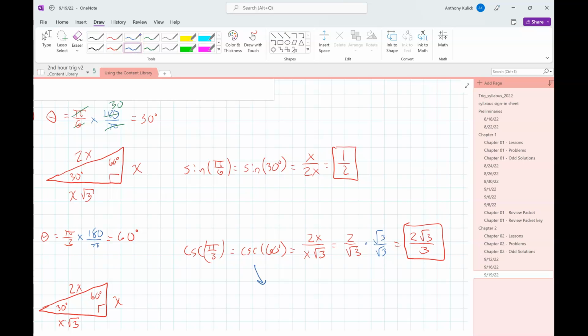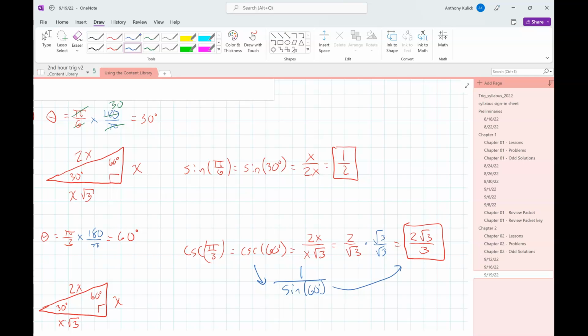Alternatively, if you wanted to, you could also write this as like 1 over sine 60. But now you're talking about having like a fraction inside of a fraction, which seems like maybe not the easiest way to go. But if you wanted to, you could have gone and done that. You would have ended up still at the same place.